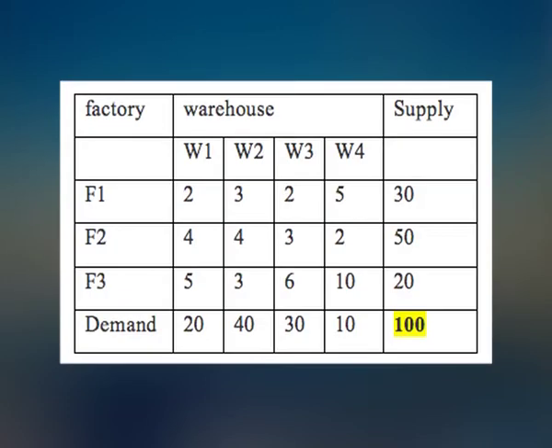To solve this problem, in the first step, we will find out if it is a balanced problem or not. We will calculate the total demand and supply; here the total demand is equal to total supply, which is 100. Therefore, the given problem is a balanced transportation problem.